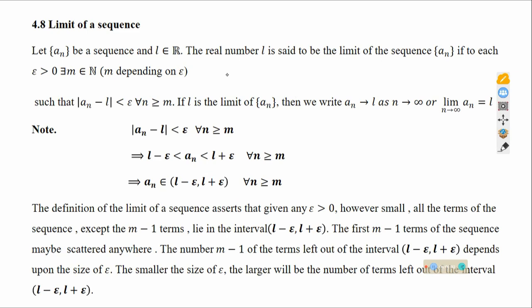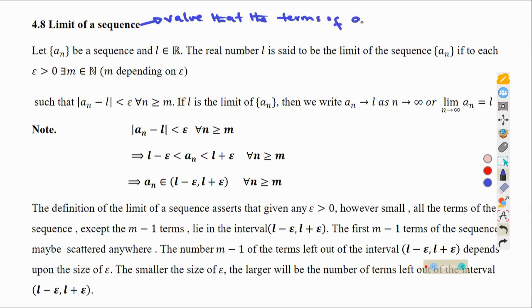Let us now briefly talk about the limit of a sequence. To talk about the limit of a sequence, we are simply referring to the value that the terms of a sequence approach as the sequence progresses indefinitely.